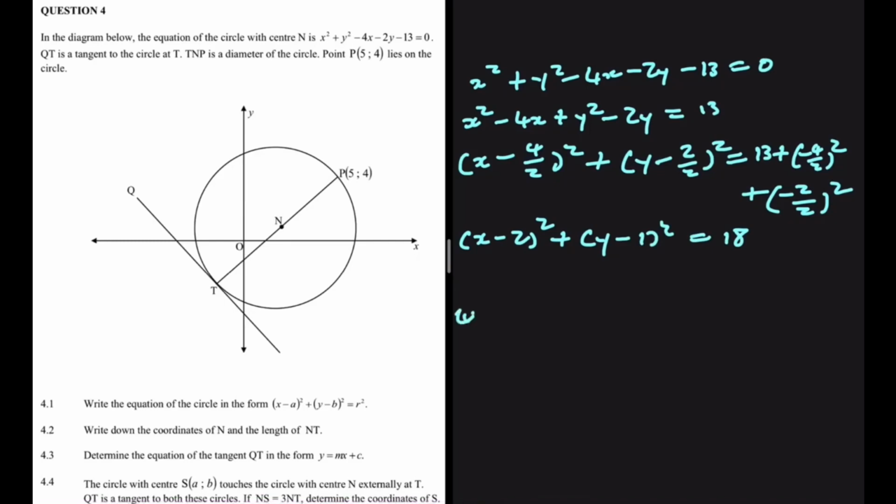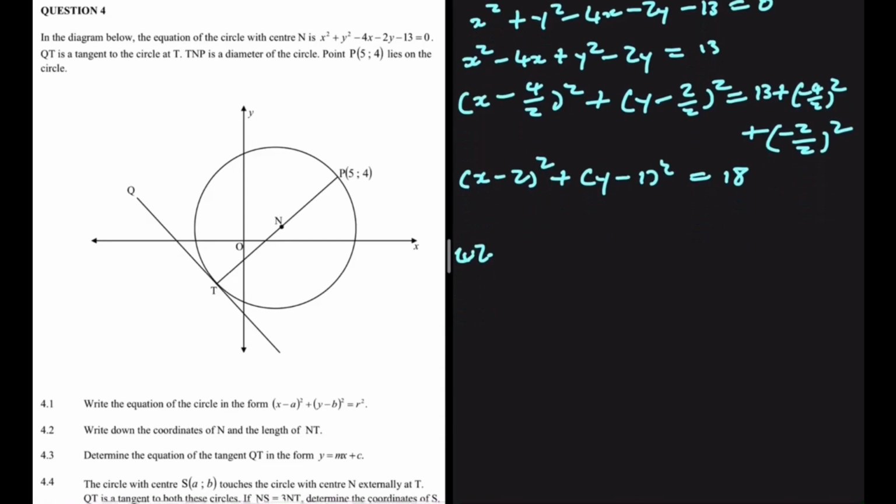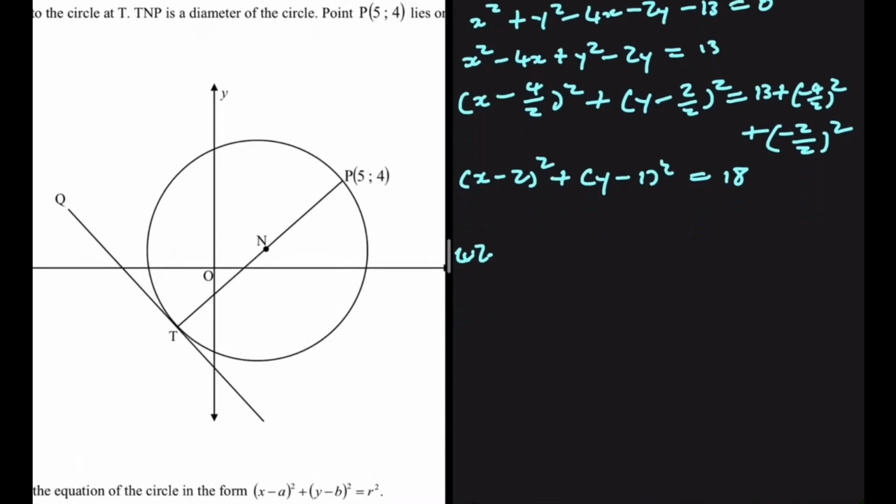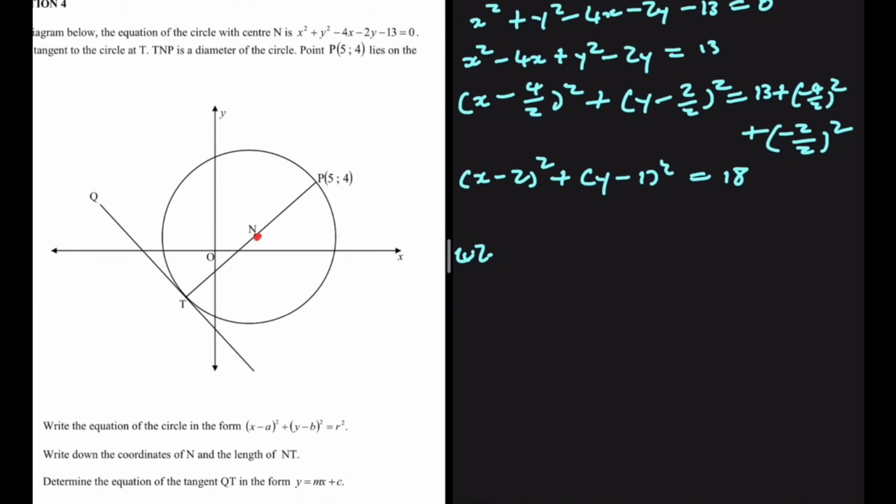Let's do 4.2. Write down the coordinates of N and the length of NT. So N is our center of the circle and NT is the radius. So the coordinates of N from our equation, the x value is going to be 2 and the y value is going to be 1 at the center.